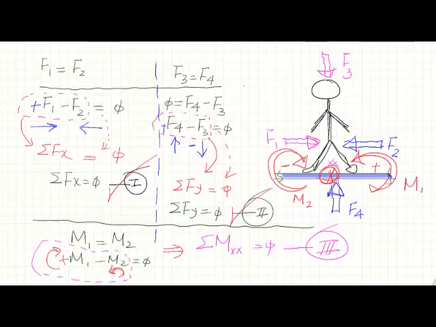So as a conclusion, we have the sum of all forces in the x direction equal to 0, the sum of all forces in the y direction equal to 0, and the sum of moments about point x equal to 0. These are the three equilibrium equations.